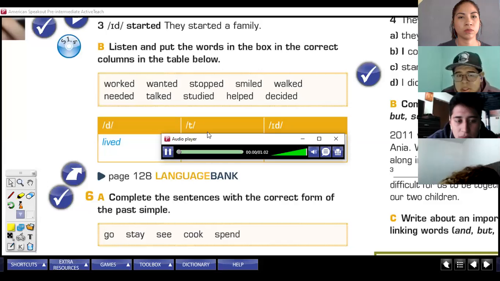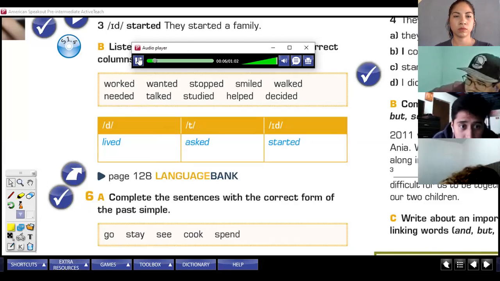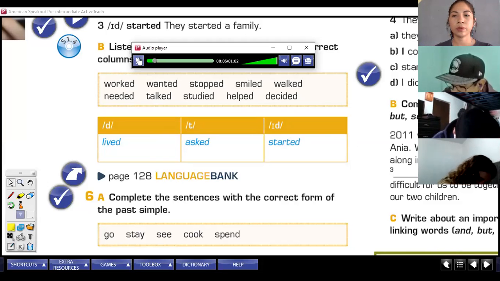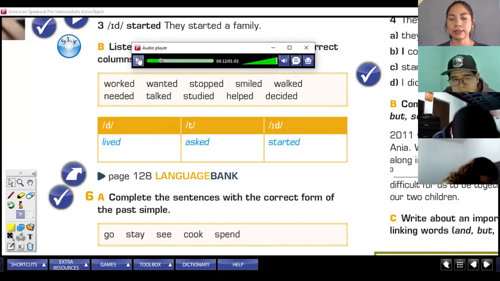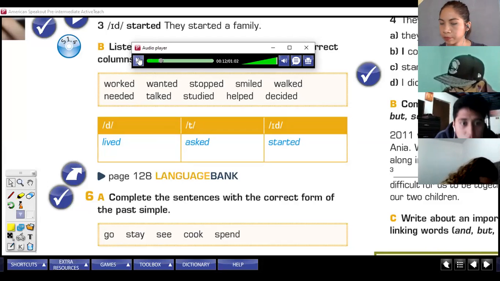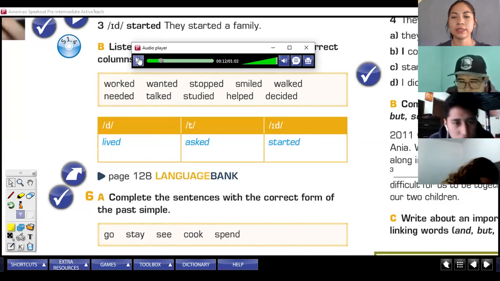Unit 1. Recording. S1.4. Worked. Number 1, worked. Worked. Number 2, Wanted. wanted. Wanted. Wanted.